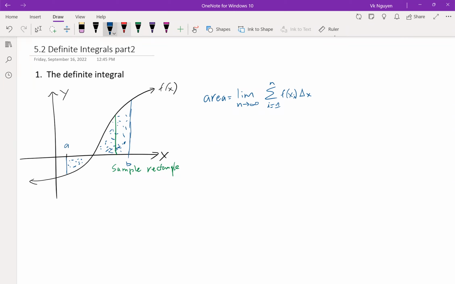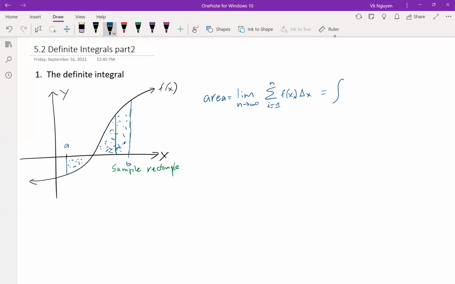Lucky for us, there was another German mathematician, Leibniz, and he invented a new notation to compute the sum as the integral. It looks like a sum, right?